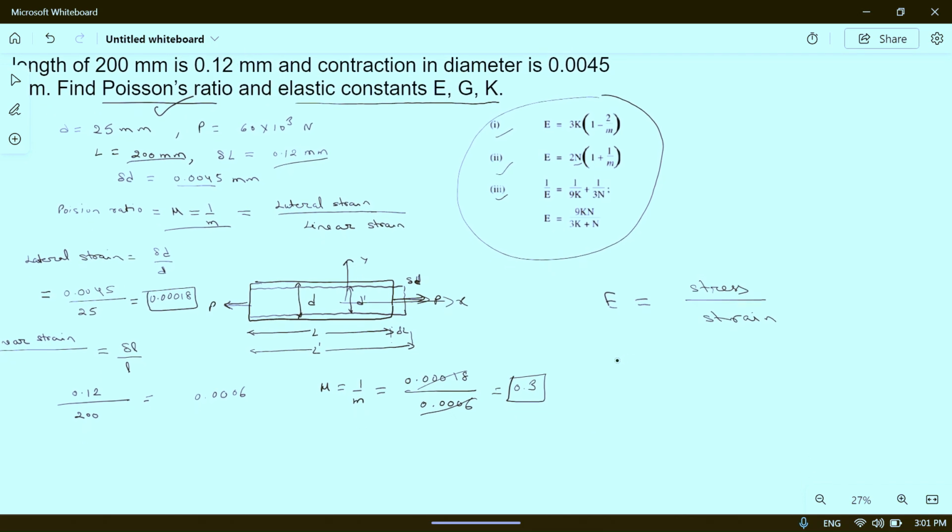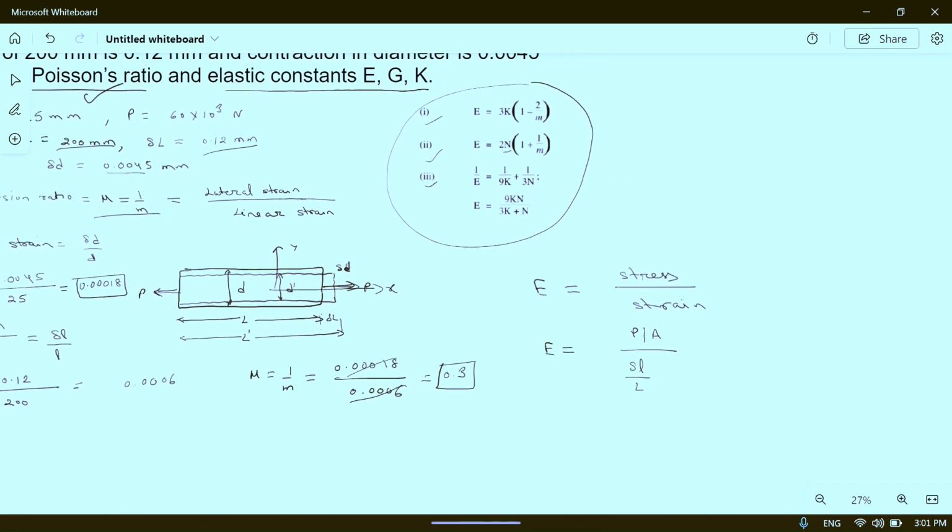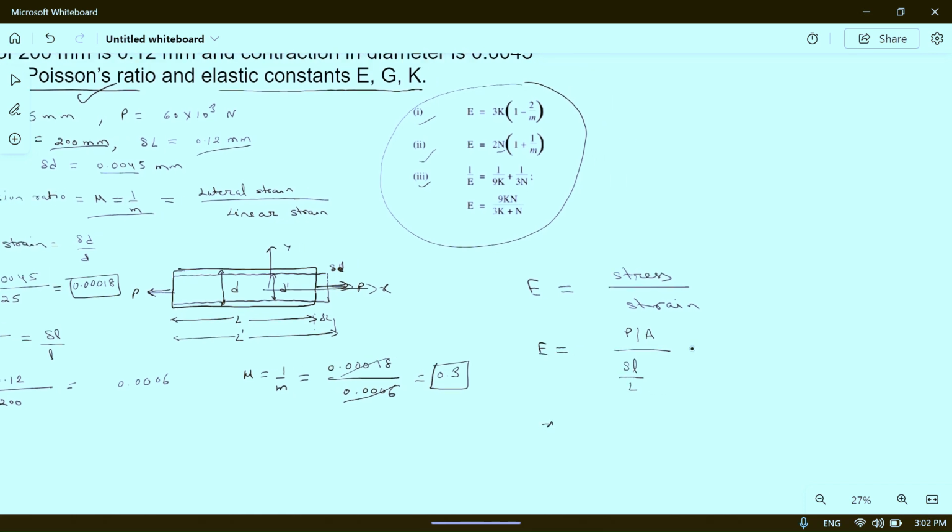So E is equal to stress, P by A, divided by strain, delta L by L. From here we get delta L equal to PL upon AE, or to find E we write E equal to PL divided by A delta L.